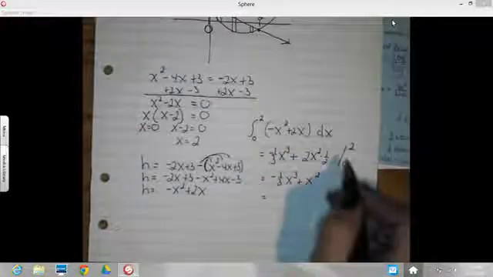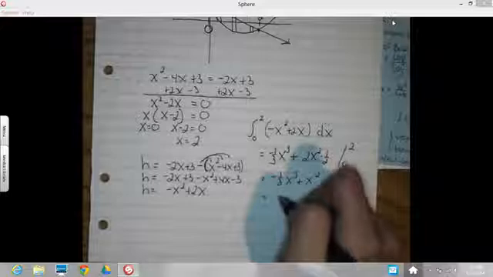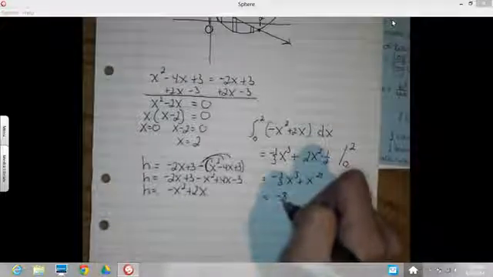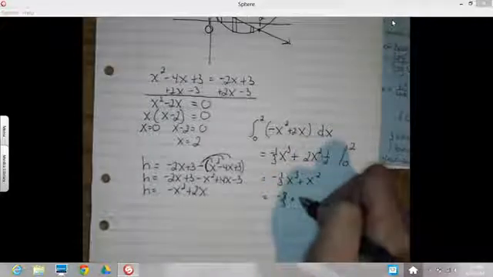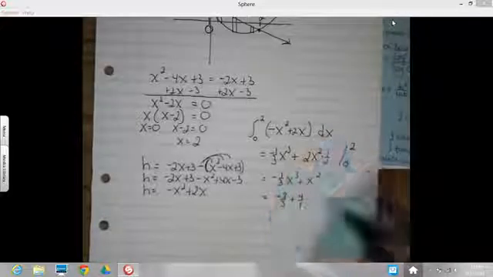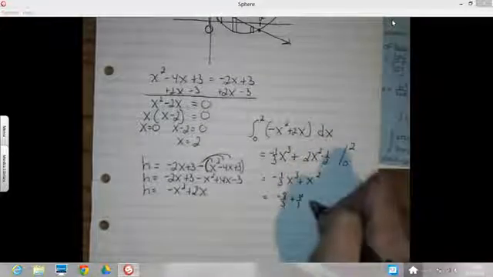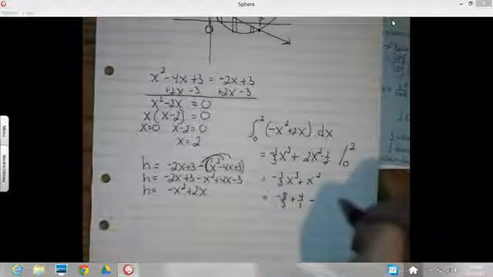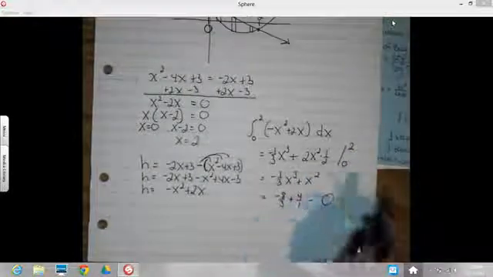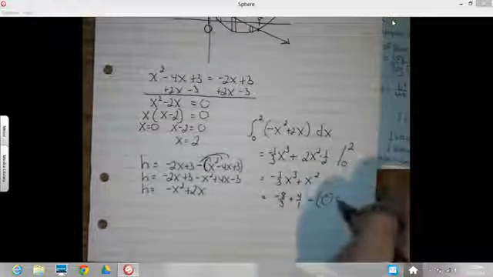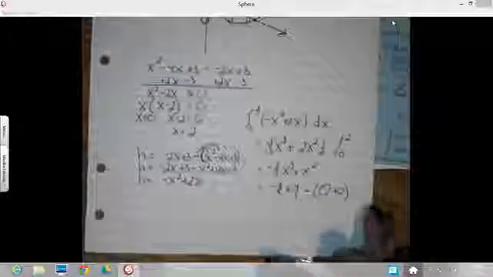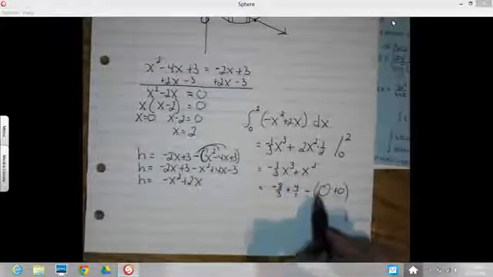2 cubed is 8, negative 8 thirds, plus 2 squared is 4, and then minus, that'll be 0 plus 0, don't have to worry about that. I guess I better do that just to keep my form going. First one 0, second one 0, subtract them after I add them together.